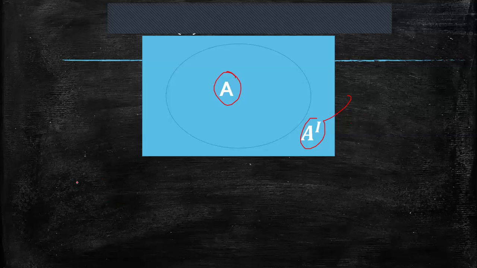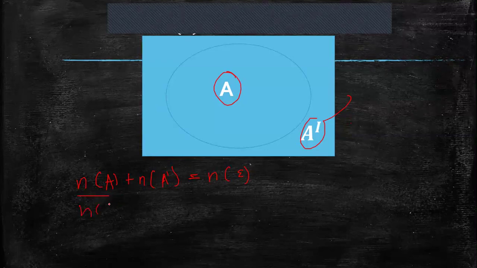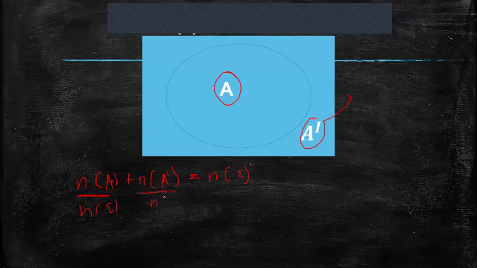So when we are adding, we say number of A plus number of A prime is equal to number of the universal set. Then we divide by number of the universal set for us to create probability.